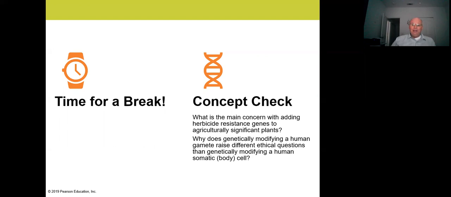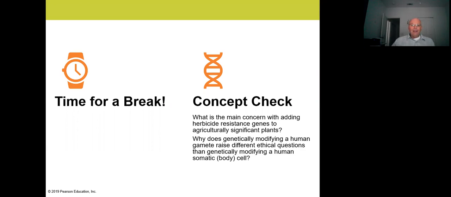Why does genetically modifying a human gamete raise a different ethical question than genetically modifying a human somatic cell? This comes down to, does it affect just the individual, or does it affect subsequent generations? If you modify a somatic cell, then the effect is only on the individual in which the genetic modification occurs.